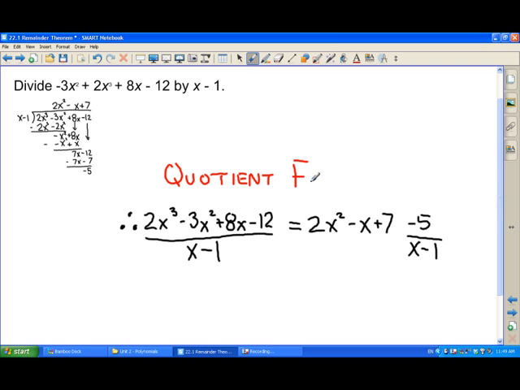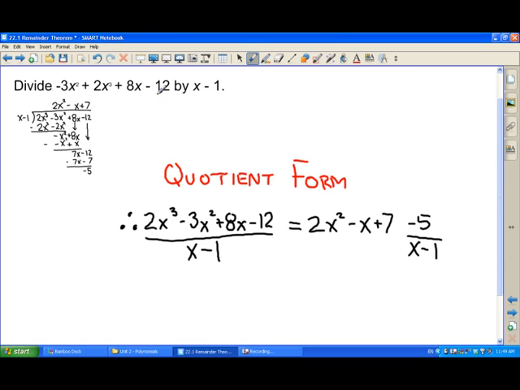This statement is now in a form called quotient form. I've stated my original question, I've expressed my quotient, and I've restated my remainder.